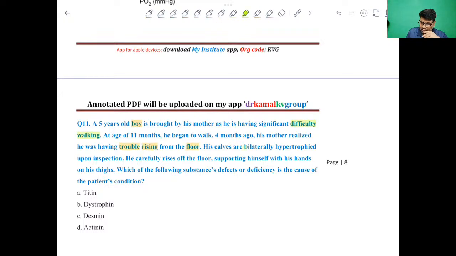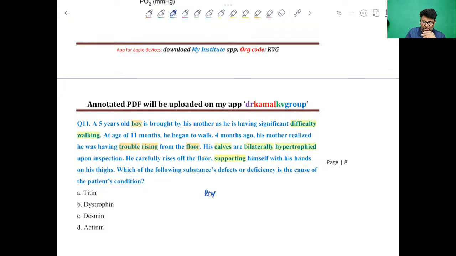His calves are bilaterally hypertrophied on inspection, but when we observed the pattern of standing, at every step he supported himself with his hands. So I think most of you can answer what this classical presentation is.